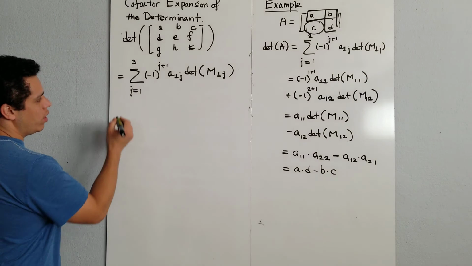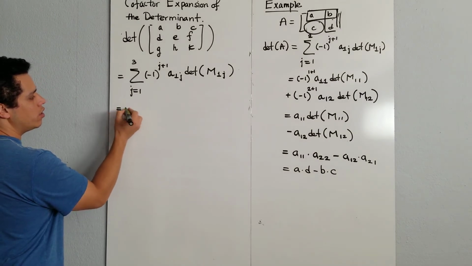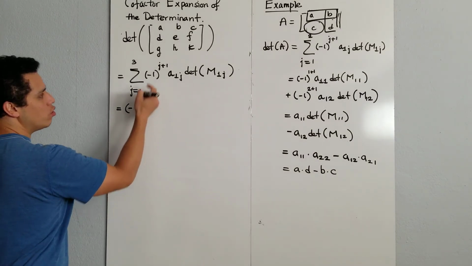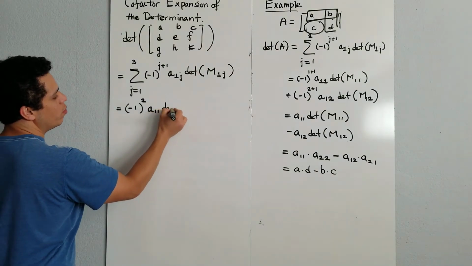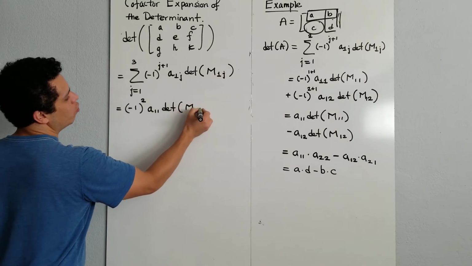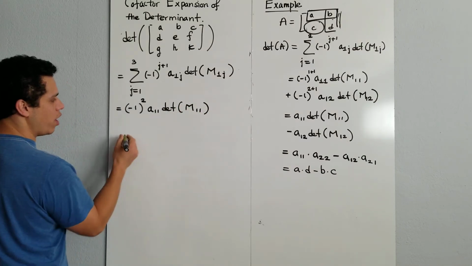Now, what do we have in our case? Negative 1 to the power of 2, a11, determinant of m11. We'll see the correspondence right here.